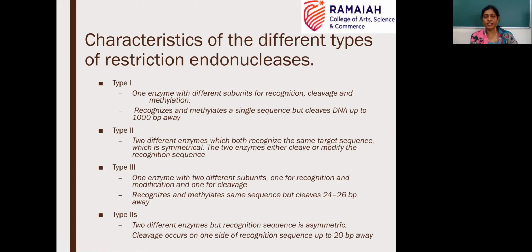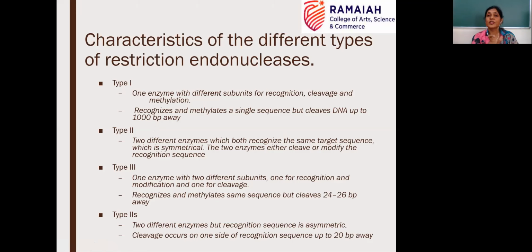In general, whenever we discuss these restriction endonucleases, we say that they identify a recognition sequence in the target DNA and the cleavage takes place within the target DNA. And this recognition and cleavage is very, very specific, because of which the fragments produced by restriction digestion are of defined length.